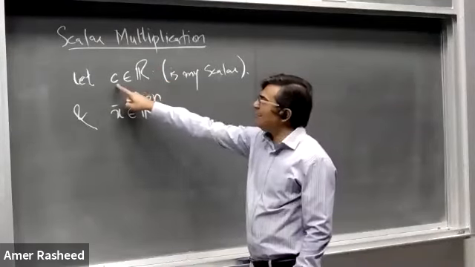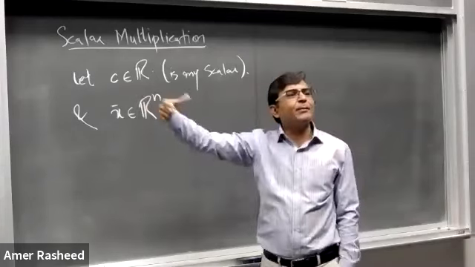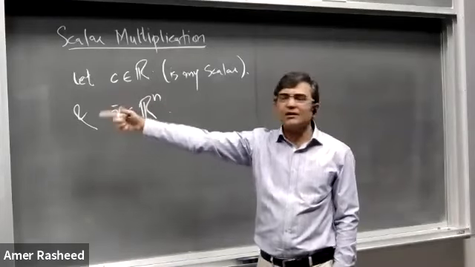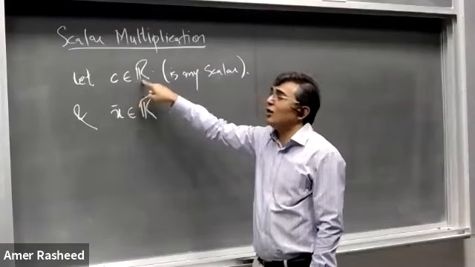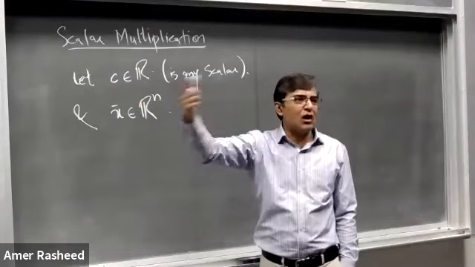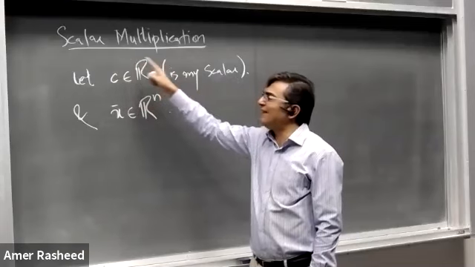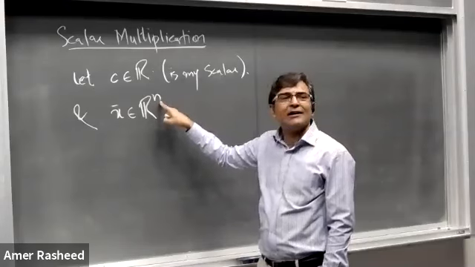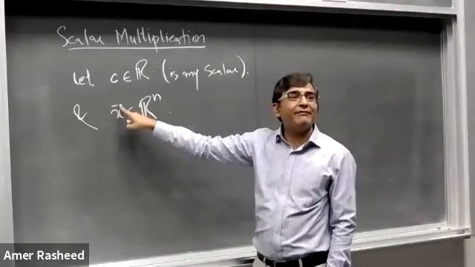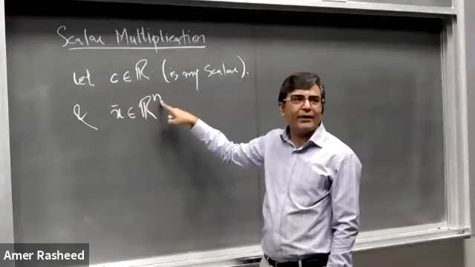Now what is this? C belongs to R. R is the set of real numbers. Whenever I write C belongs to R or K belongs to R or some other constant, alpha belongs to R, then that must be a scalar. Whenever I write X bar belongs to Rn, then this X bar is a vector which has n components.